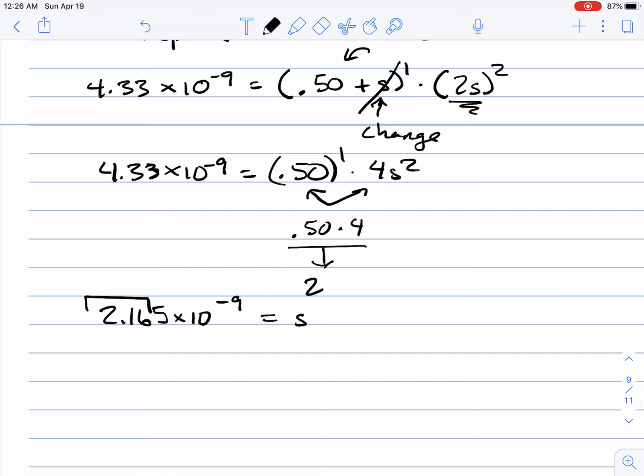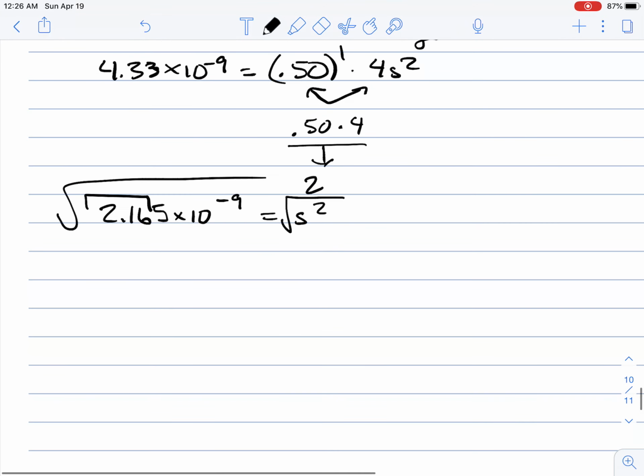And that's going to give me S squared. And so I'm going to square root my answer. And when I square root my answer, the value of S is going to be 4.65 times 10 to the negative 5.